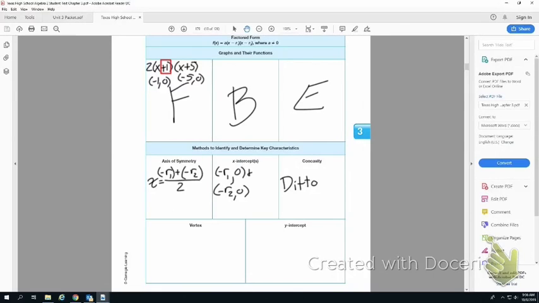You're going to find what is right in the middle. So if I had negative 1 and I had negative 5, negative 1 plus negative 5 is negative 6. Negative 6 divided by 2 is negative 3. And so that would be my axis of symmetry.